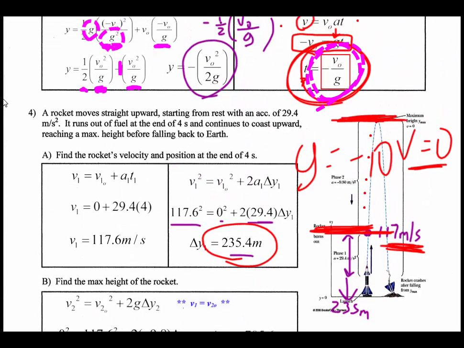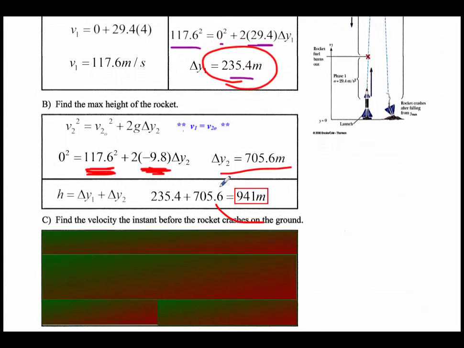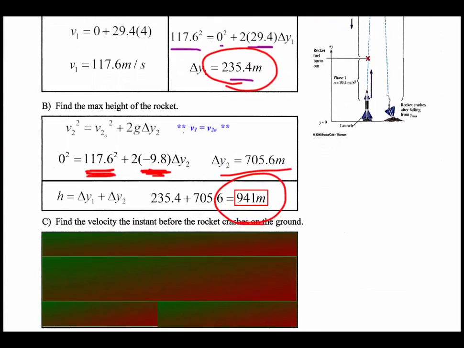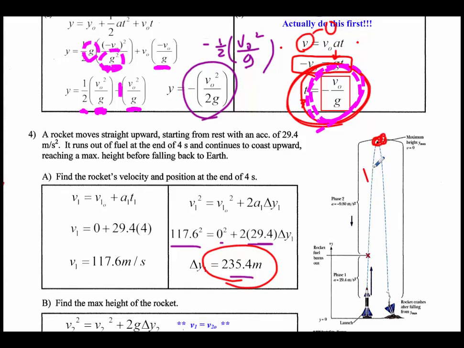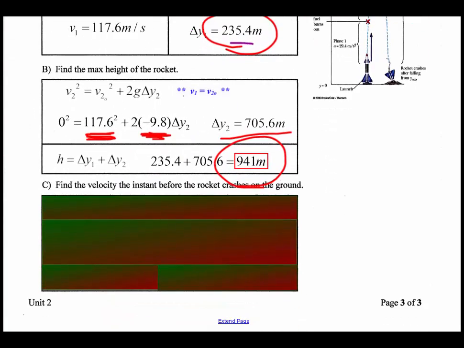Well, we know, remember, I'm going to erase some of this stuff. It's getting kind of messy. We know that at this very highest point, we know the height above the ground, and we also know that the velocity at this point is 0. So it's actually a pretty easy problem once you know that, to find out how fast it's going right before it hits the ground.